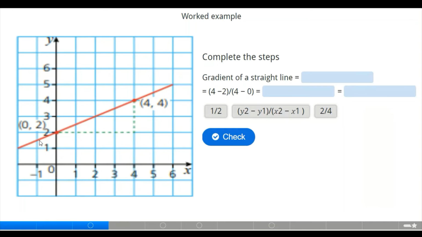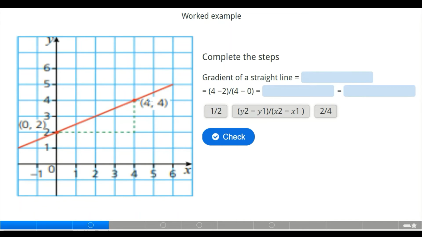Look at this graph here. We have an illustration, and if you look at that graph, we have 2 values for Y and 2 values for X. So this is the change in Y, and we are dividing it by the change in X. Let's cite what we have here.